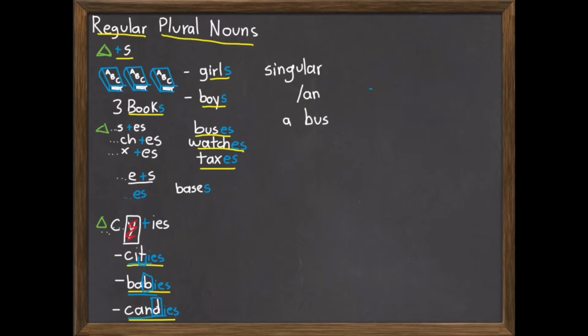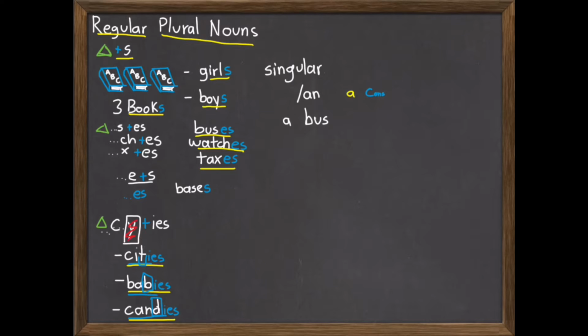So a word that starts with a consonant, this is C for consonant, has to have an a before it if it's a singular noun.